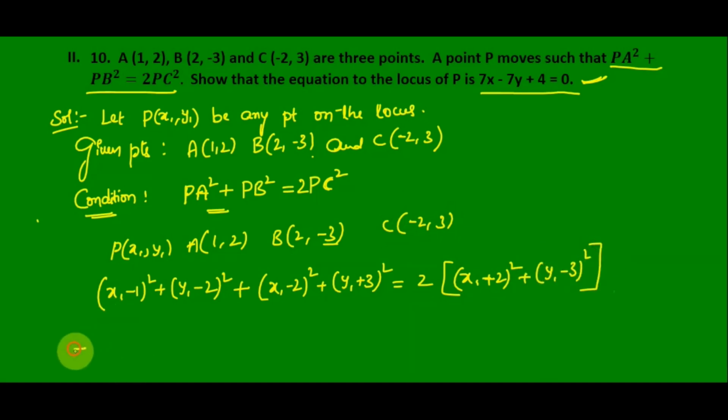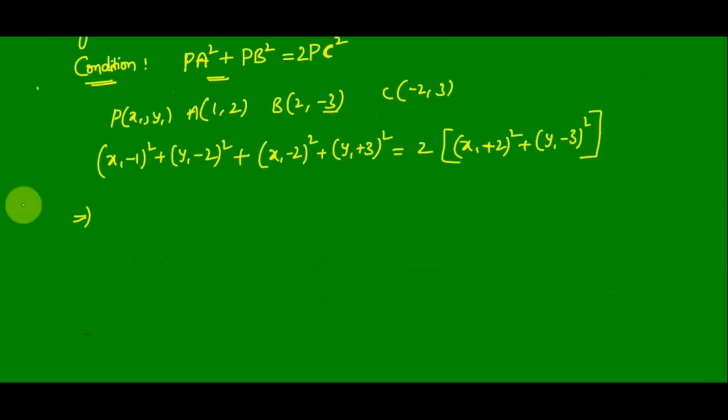Now we'll simplify this. The first one is in the a minus b whole square format, so we'll expand this. This will become a square minus 2ab plus b square, that is x1 square minus 2x1 plus 1.